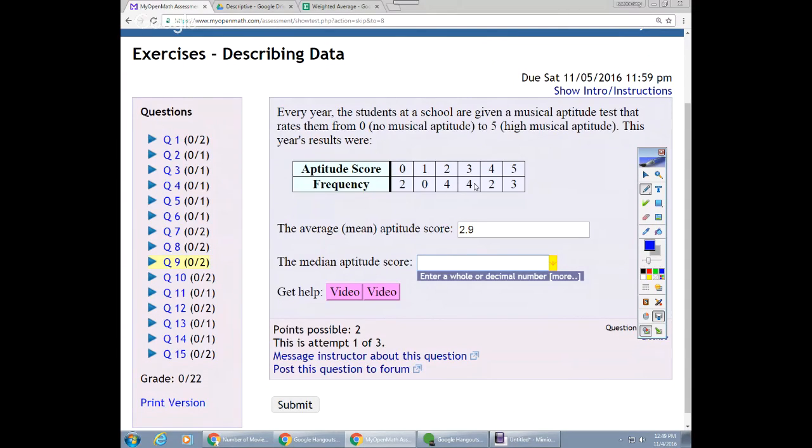So where does the 8th number have to be? It's got to be one of those 3s, doesn't it? Once I know that there's 15 numbers altogether from the frequencies, the middle number of 15 is the 8th number, I just count over. 1, 2, 3, 4, 5, 6, 7, 8. Oh, it's in here. It's one of those 3s right there.